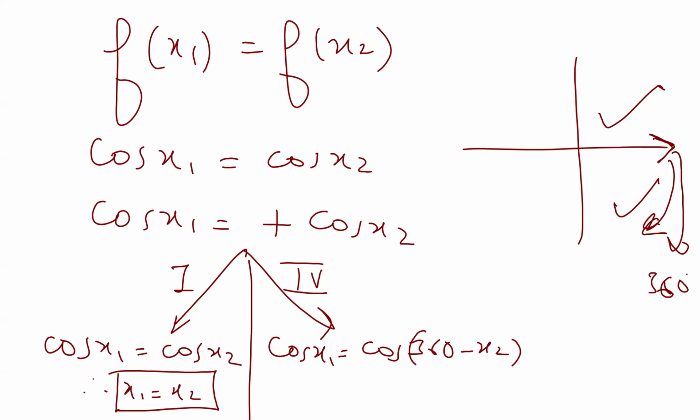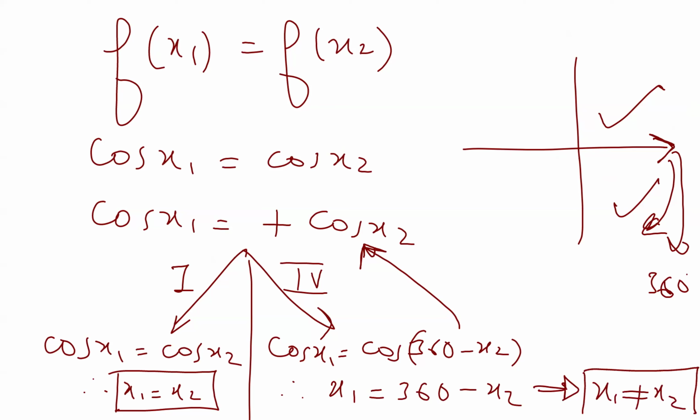cos x1 is equal to cos of 360 minus x2, because cos of 360 minus x2 is cos x2. Therefore, x1 is equal to 360 minus x2. So here, x1 is not equal to x2. We cannot say for sure that x1 is equal to x2 because x1 plus x2 is equal to 360. We didn't get x1 equal to x2. We got x1 plus x2 is equal to 360. So here this is failing. Even if the first case is passing, the second case is failing. Therefore not injective, or one to one.